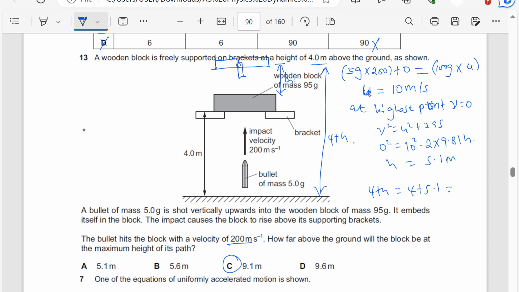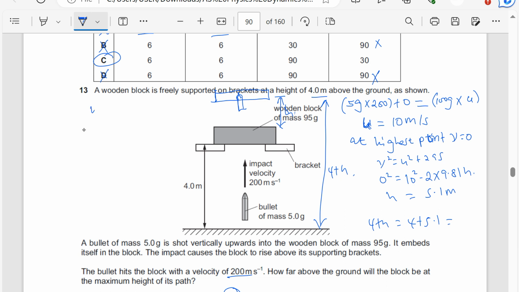Alternatively, to find small h, we could also use the loss in kinetic energy being equal to the gain in potential energy. So half times m v squared is equal to m g h. The m cancels.